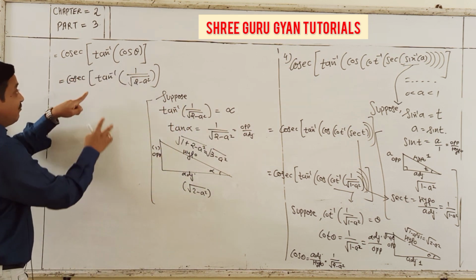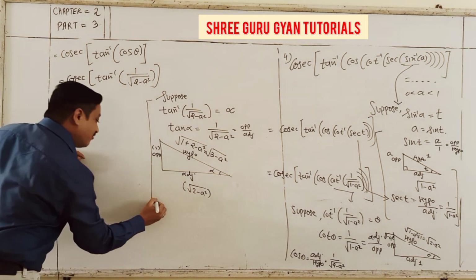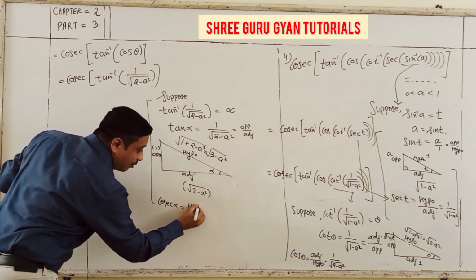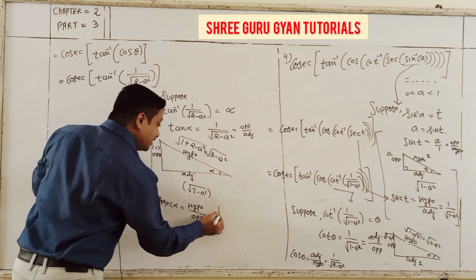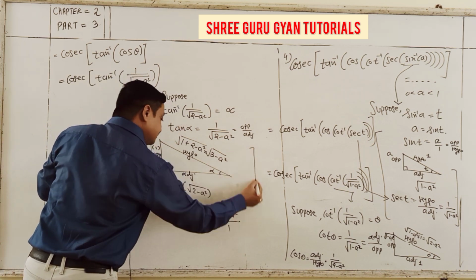So here if you put alpha, now what do you want? Cosec alpha. According to the triangle, hypotenuse upon opposite, and hypotenuse is under root 3 minus a square by 1.